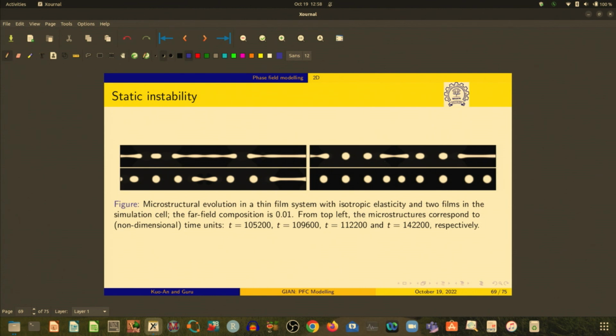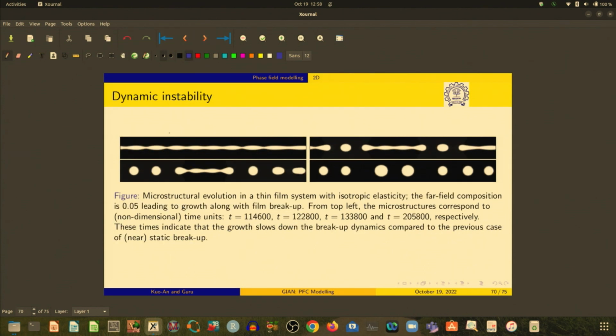So, you can see, for example, in this part these are smaller compared to the ones next to them because they are losing material to the next one because of Gibbs-Thompson. Okay. So, this is static because he had very little supersaturation in the matrix. The moment you add some supersaturation, of course, the films are also becoming thicker, and when they become thicker, the time for breakup also will increase.